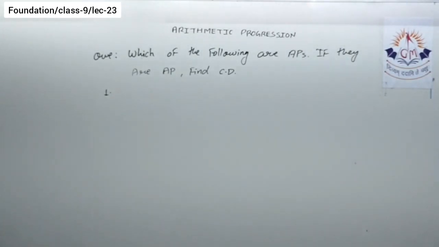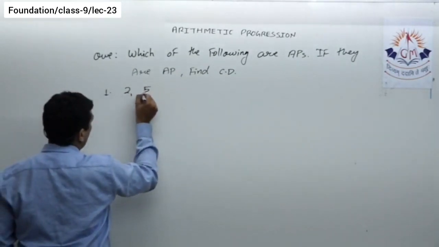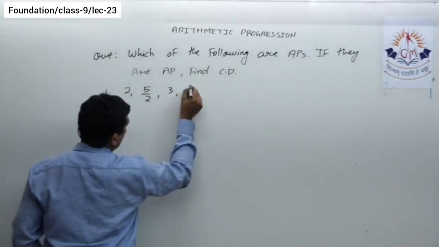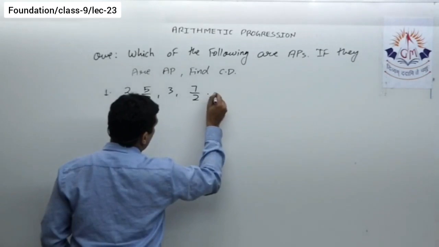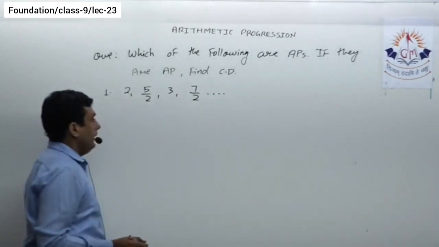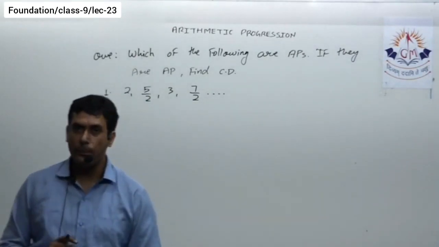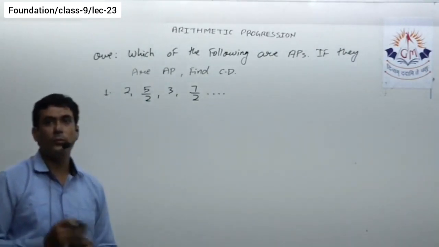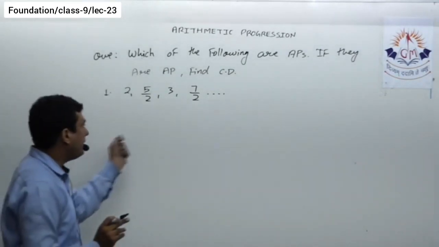So in this, the very first one is 2, 5/2, 3, 7/2. Okay, now here to identify whether the given sequence is an AP or not, what you have to do, you have to check the common difference for all the given terms.